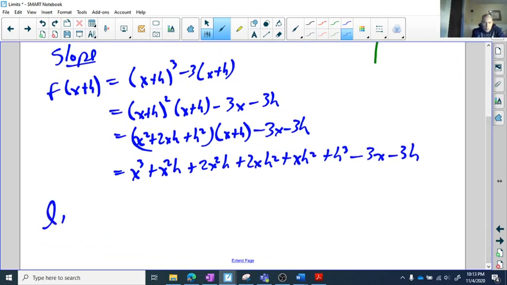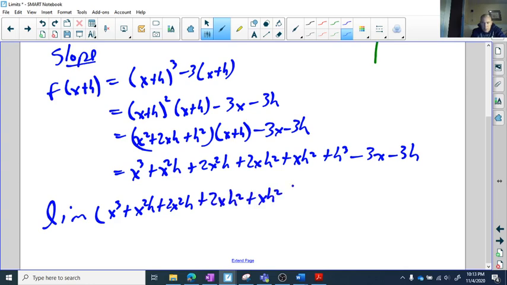So to get your slope, it is the limit of this: x cubed plus x squared h plus 2x squared h. I could have collected those, but it doesn't matter. We'll worry about that later. Plus 2xh squared plus xh squared plus h cubed minus 3x minus 3h.